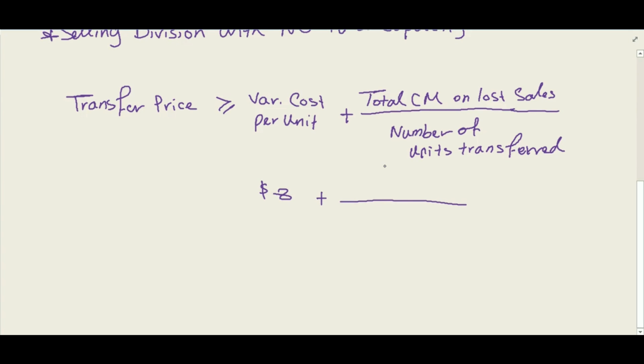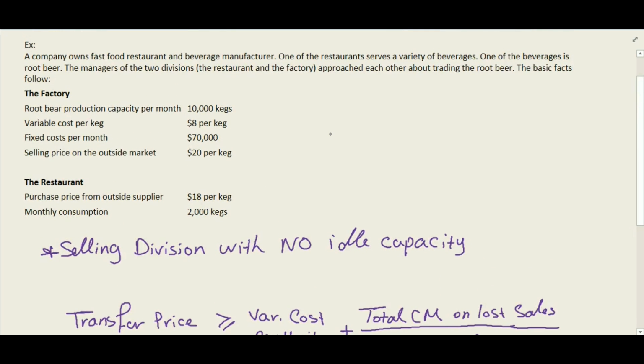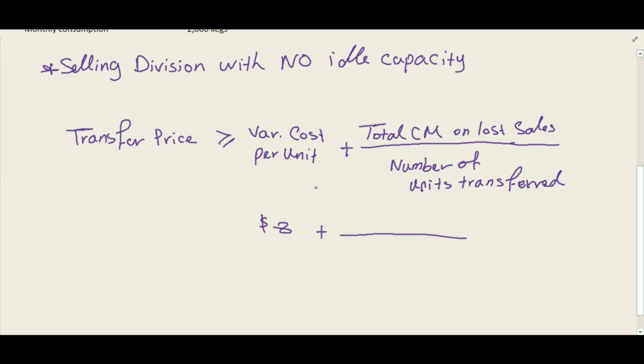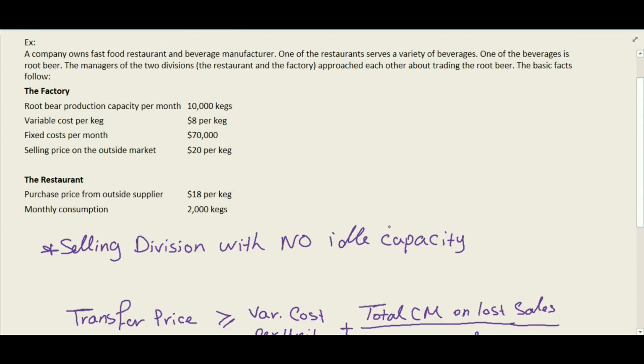The CM per unit is $12: 20, the selling price, minus the variable cost of 8, gives you 12. So it's 12 per unit multiplied by the number of units that the factory should forgo to supply the restaurant.